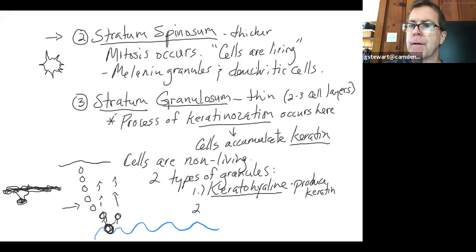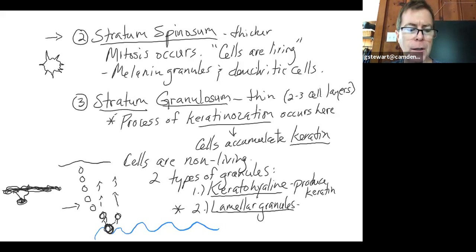And something called lamellar granules. These are important, so I'm going to star these. Lamellar granules produce a glycolipid that gives our skin its waterproofing ability. So these granules, glyco just means sugar, lipid, you know, means fat.